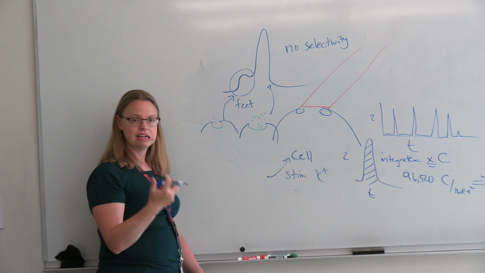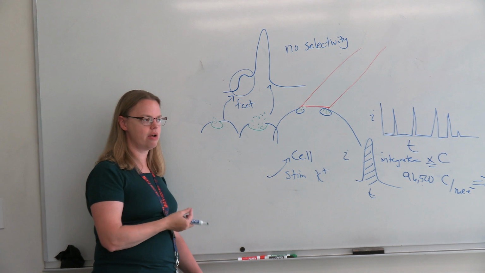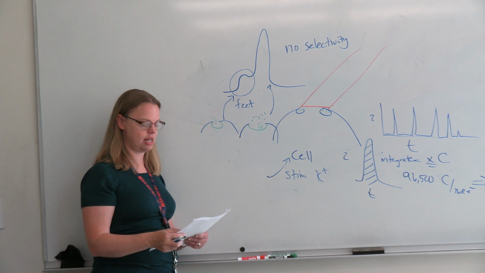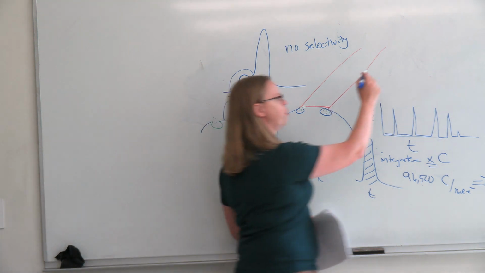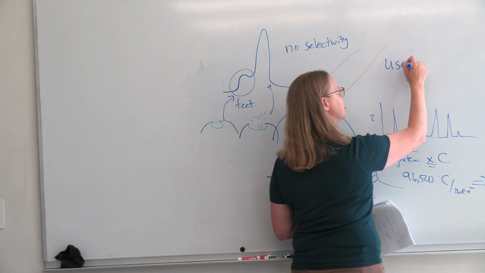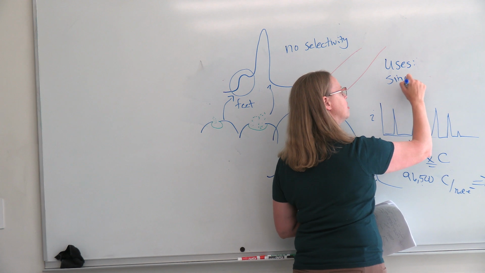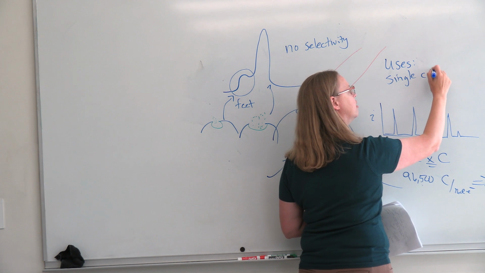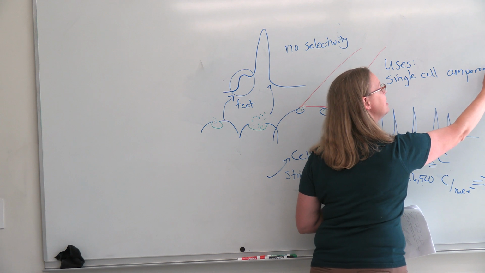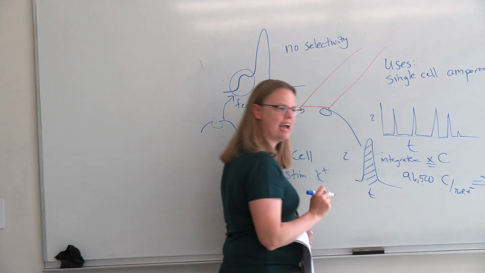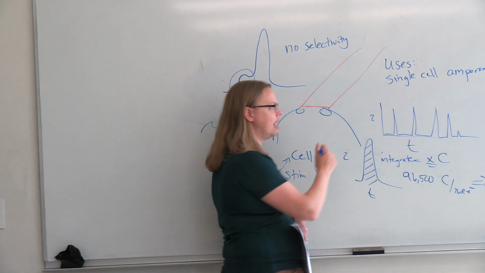It's faster, it's cleaner. As I said, you can get out some of the vesicular release things and that kind of thing. The other, as I said, so the primary uses, I think, are single cell amperometry. And now they even go inside of cells and sometimes inside of an organelle, but it's the same concept.